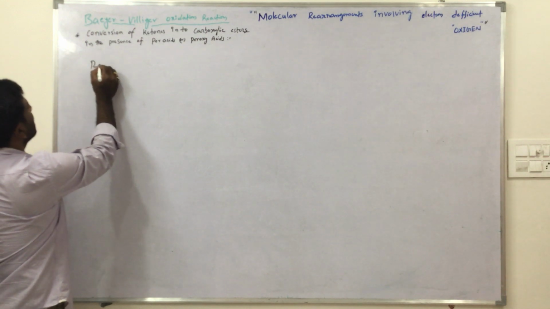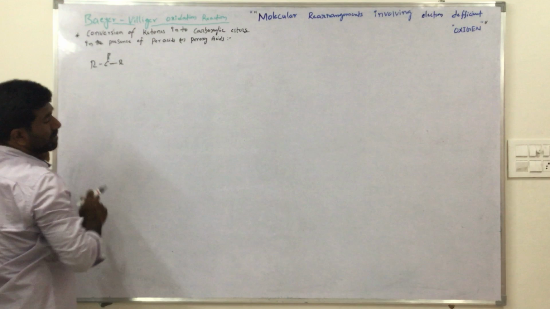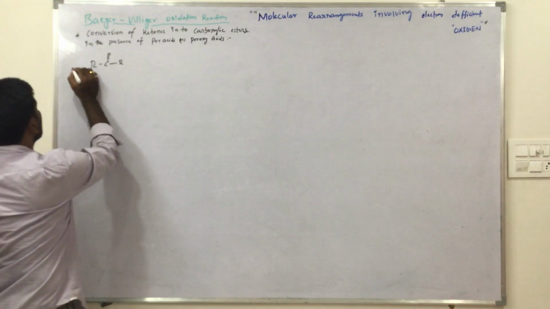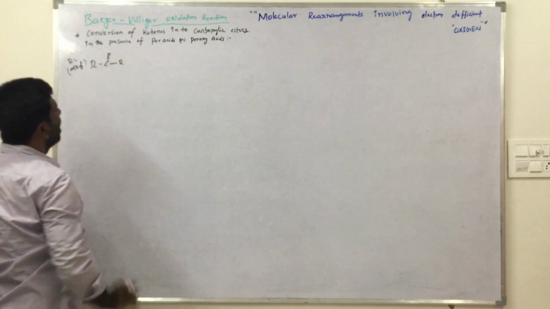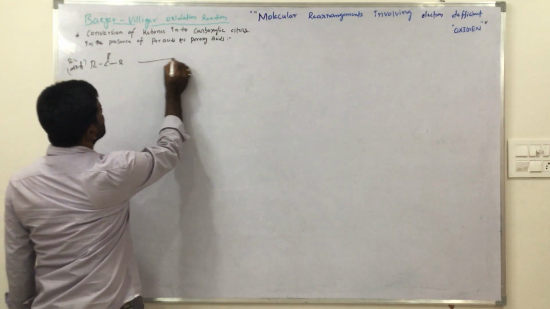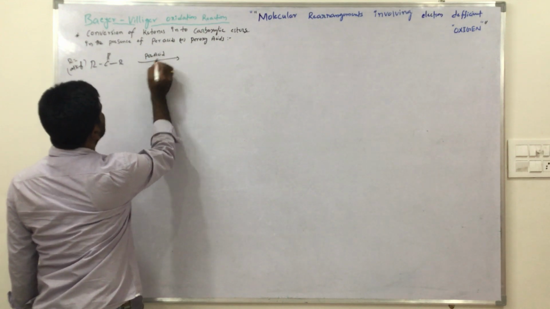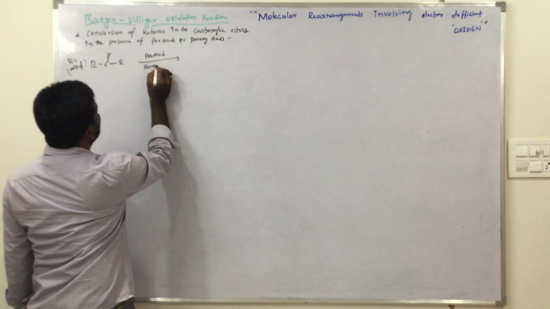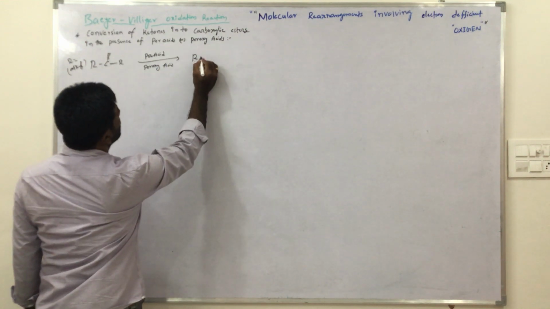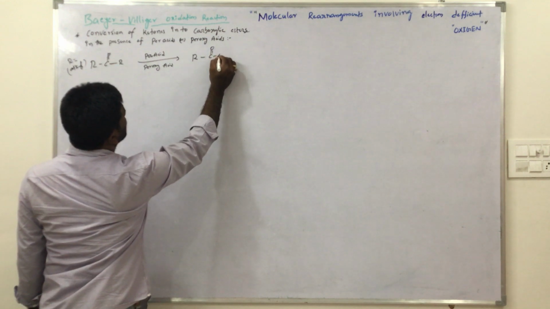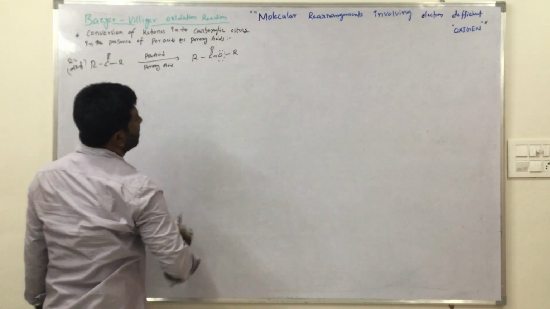This is the keto compound, C double bond O, R, where R means alkyl group. In the presence of peracid or peroxyacid, it gives carboxylic ester, oxygen insertion.